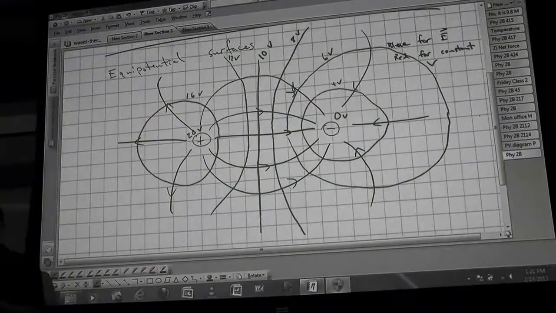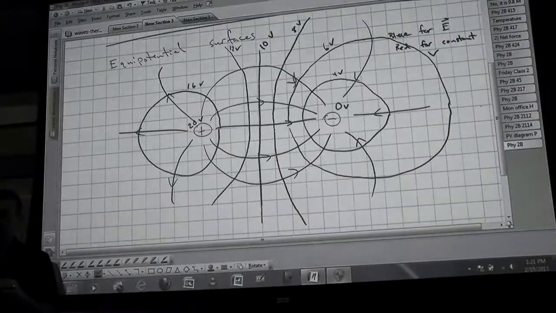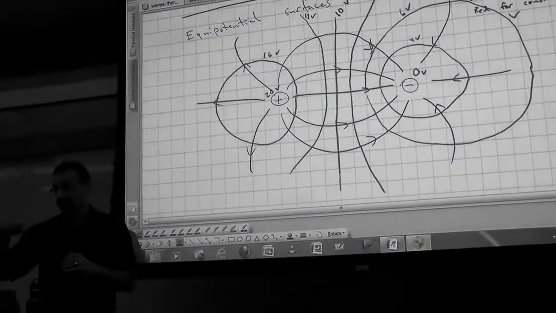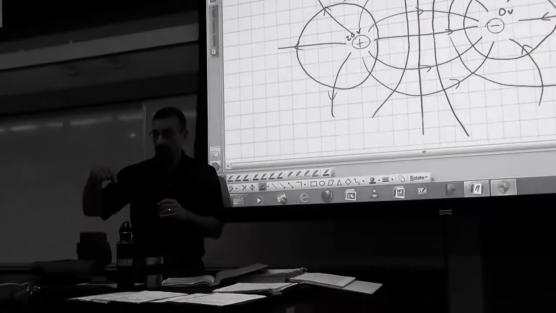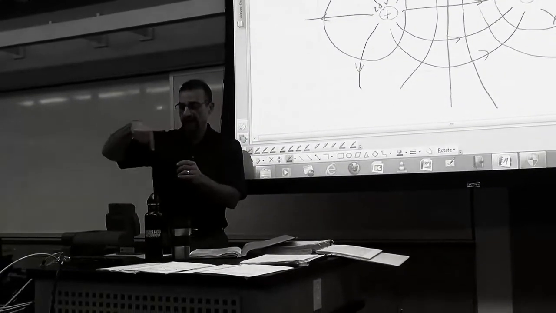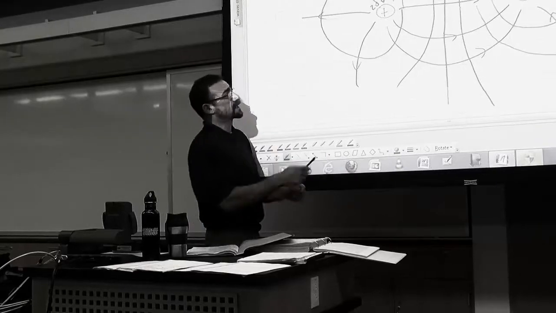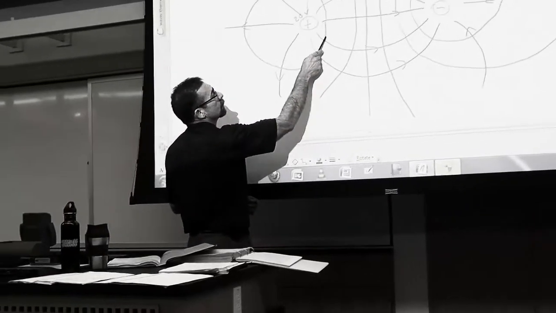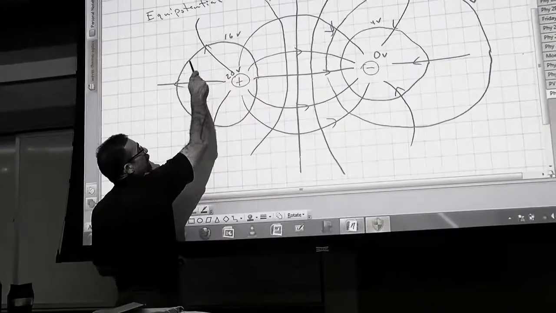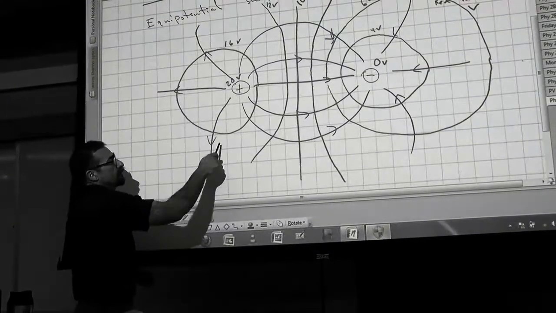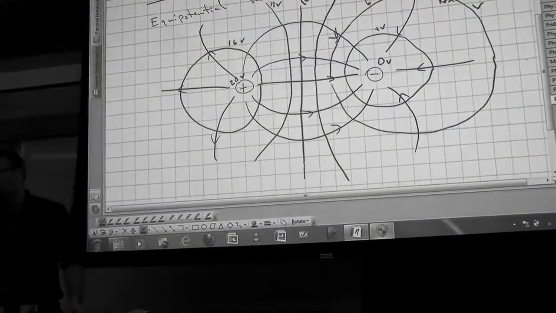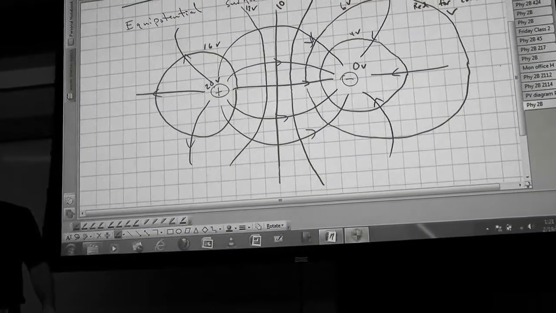It means you never change elevation, right? Each line on a topo map is a constant elevation. So if you're walking around the top of a hill, you'd be at the same elevation the whole time. So in this case, if you were walking around this path, you would always be at 16 volts. You'd be at the same electric potential everywhere on that line.